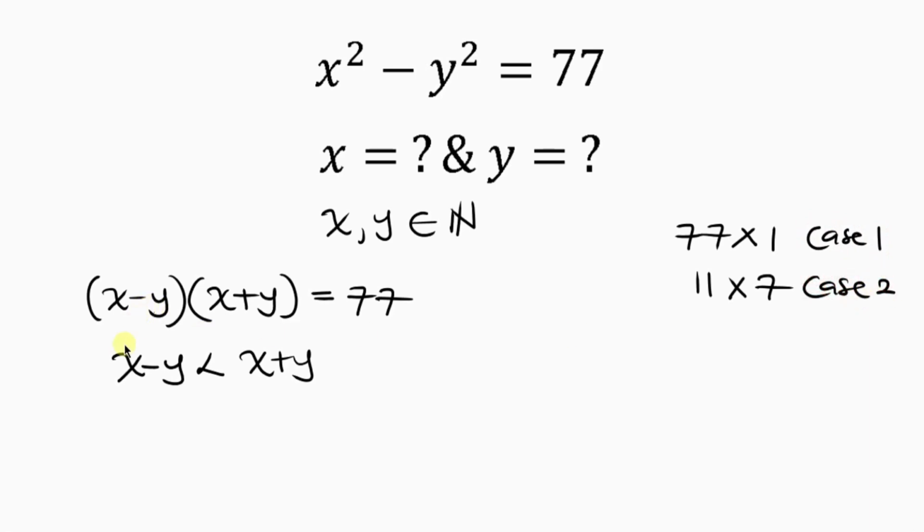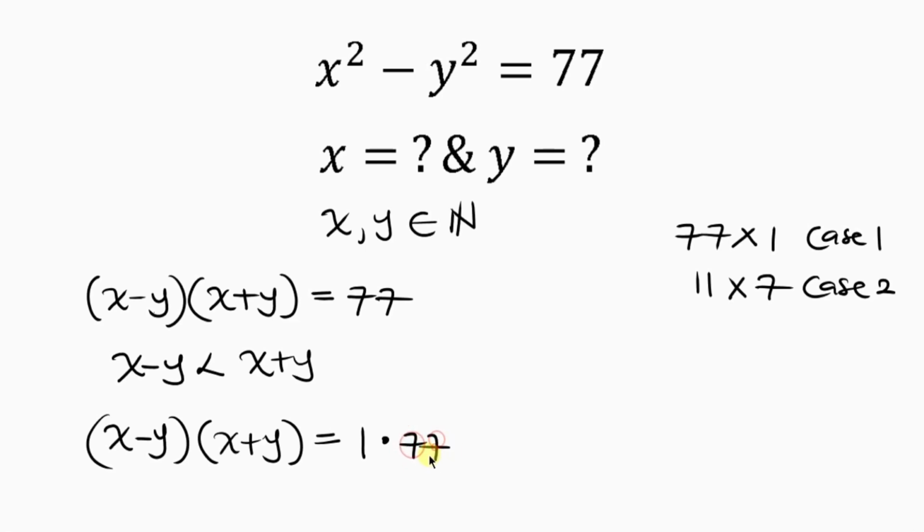So for the first case, let's write that down. We have x minus y times x plus y, which represents, now this goes with the smaller factor, which is 1, times, this goes with the bigger factor, which is 77.